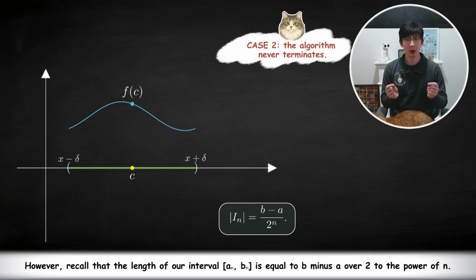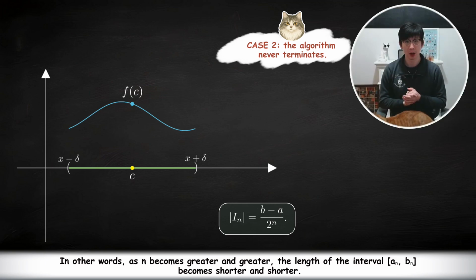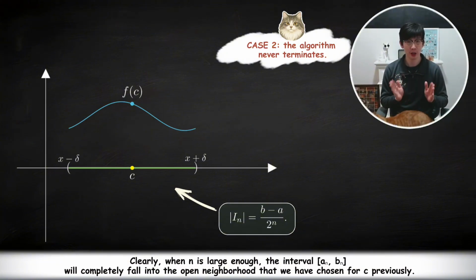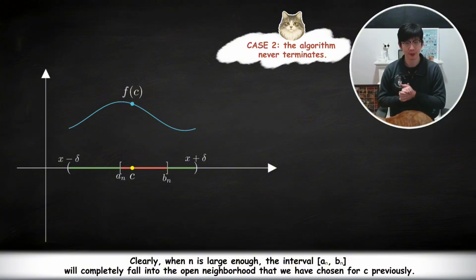However, recall that the length of our interval [a_n, b_n] is equal to (b minus a) over 2 to the power of n. In other words, as n becomes greater and greater, the length of the interval [a_n, b_n] becomes shorter and shorter. Clearly, when n is large enough, the interval [a_n, b_n] will completely fall into the open neighborhood that we have chosen for c previously.